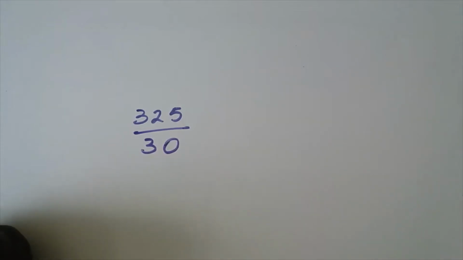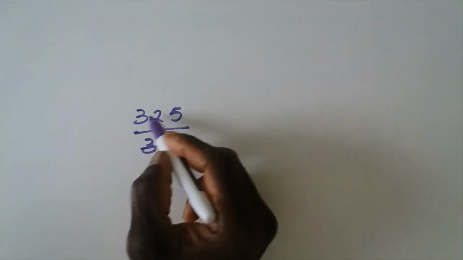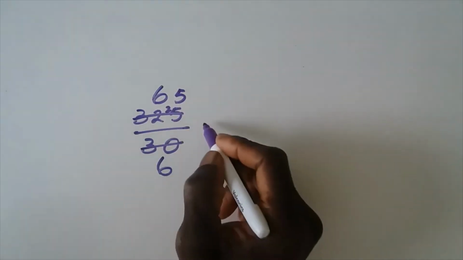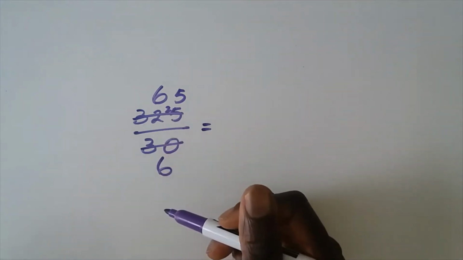We know here that both numerator and denominator have a common factor of 5. So we can divide this, 5 into 30 is 6, and 5 into 325 is 65. And then we can see how many 6s are there in 65.